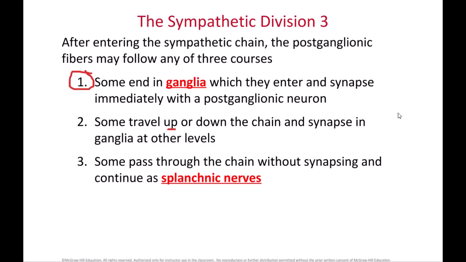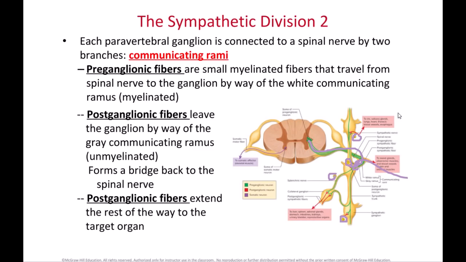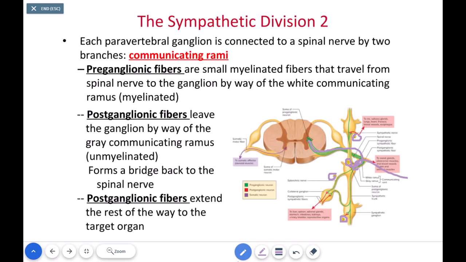Then we have method number 2. For method number 2, we're going to have that fiber go up or down. So we're going to have the fiber synapse at a ganglion at different levels within the sympathetic trunk ganglion. So let's back up a slide here. And we'll clear our diagram.